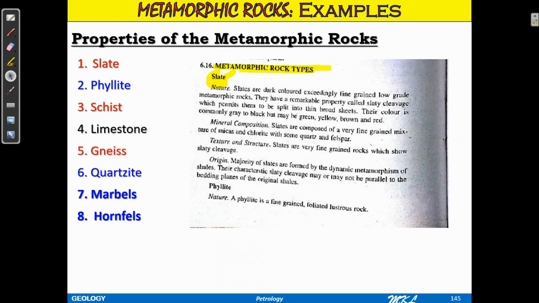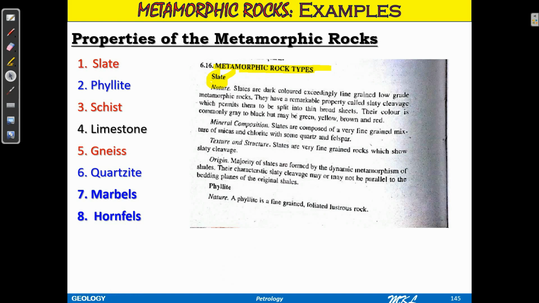Your work, you have to read it by your own, and I have already discussed the terms. So you have to read the properties of the metamorphic rocks, just like the igneous and sedimentary rocks, and these things are very important. I might ask any question from igneous, sedimentary, metamorphic rock properties. I might ask you to write down the properties of slate.